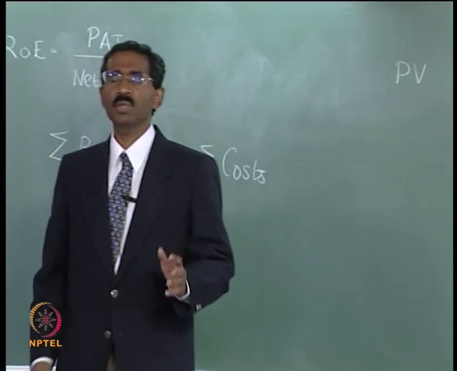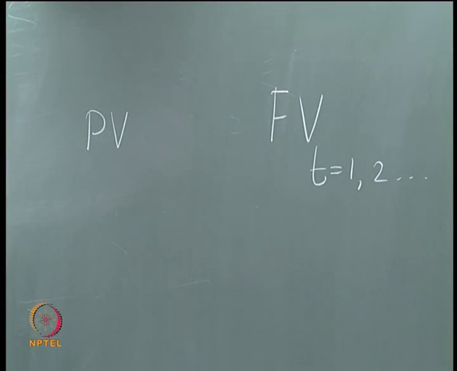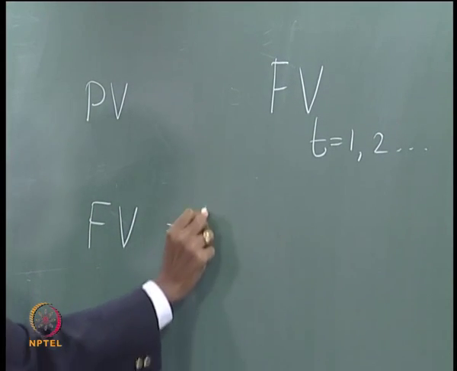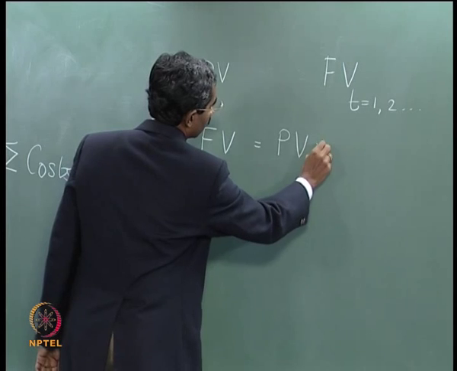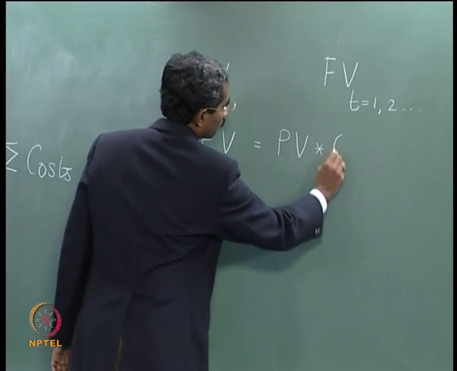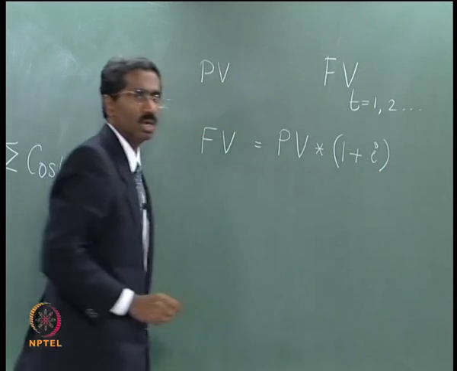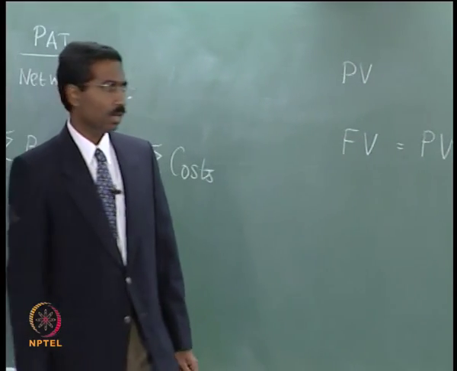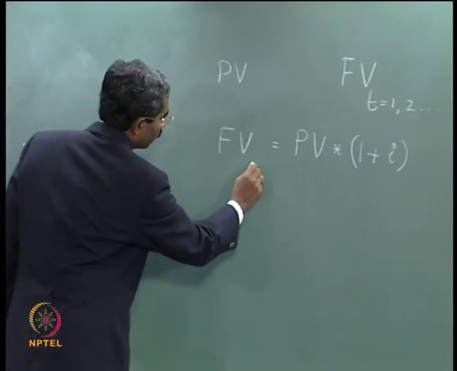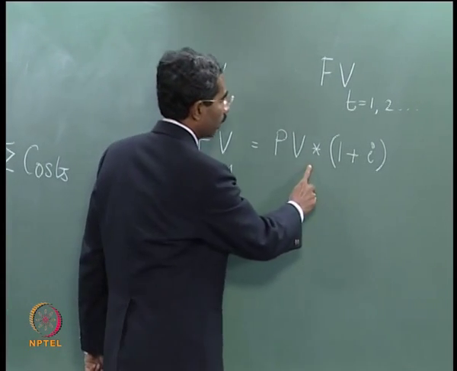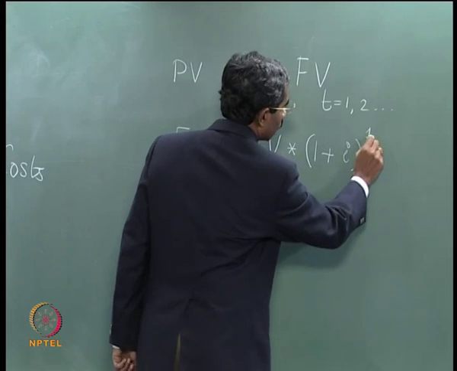Now what is the relationship between the present value and the future value? So future value is nothing but present value multiplied by 1 plus i, which is your interest rate. Now future value at the end of year 1 is nothing but the present value multiplied by (1 plus i) raised to the power of 1.